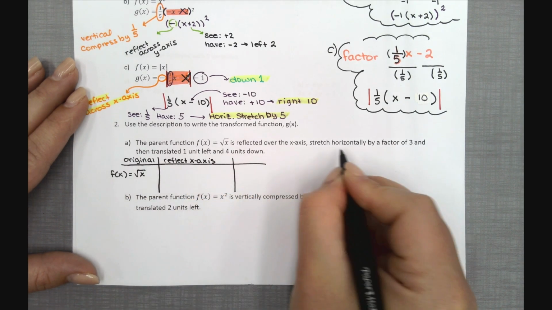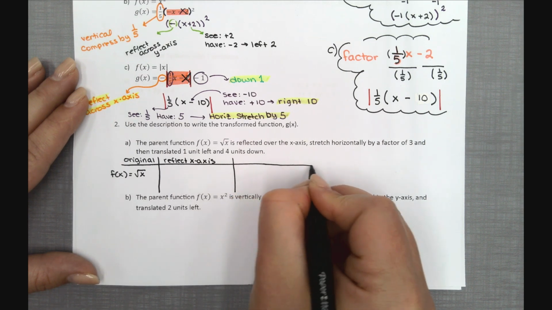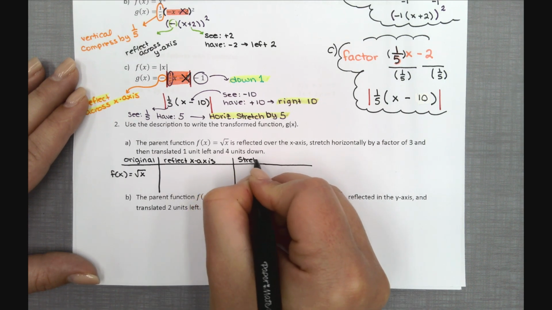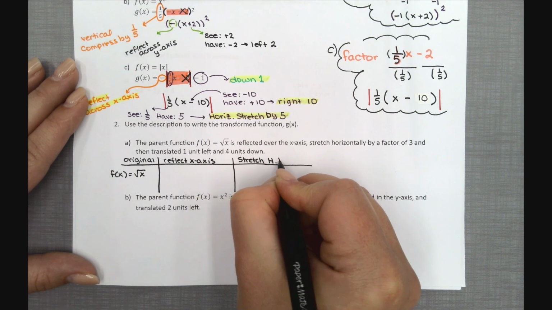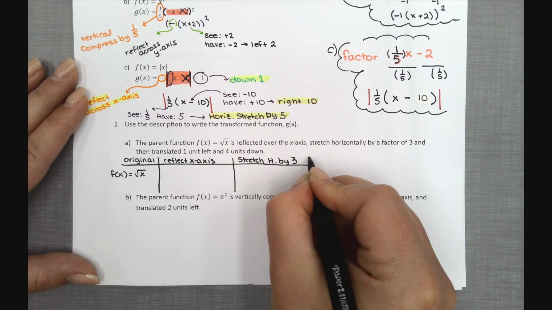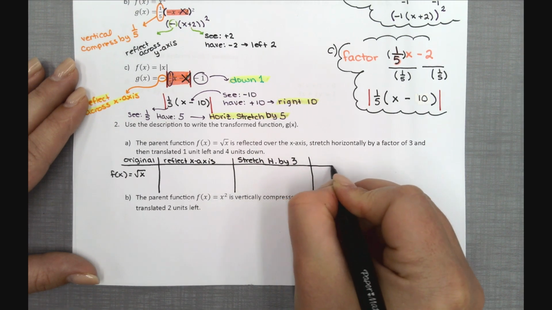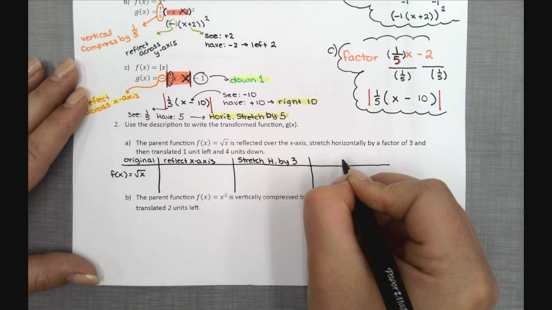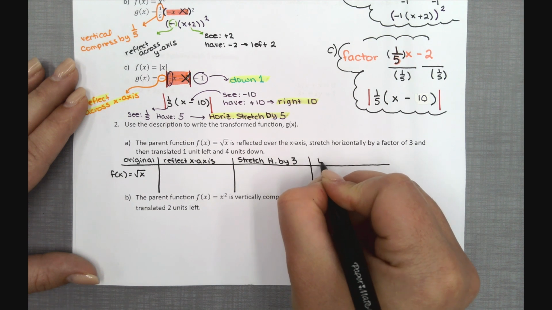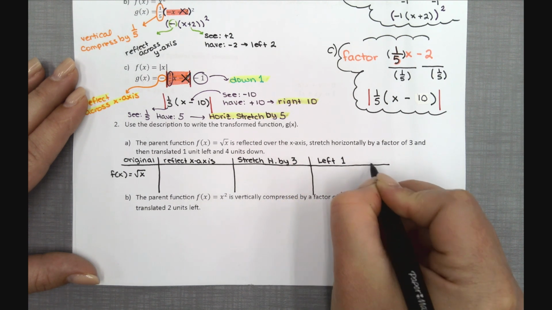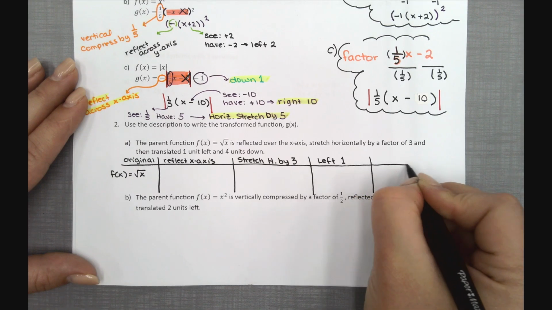We are then stretched horizontally by a factor of 3 and translated 1 unit left and 4 units down.